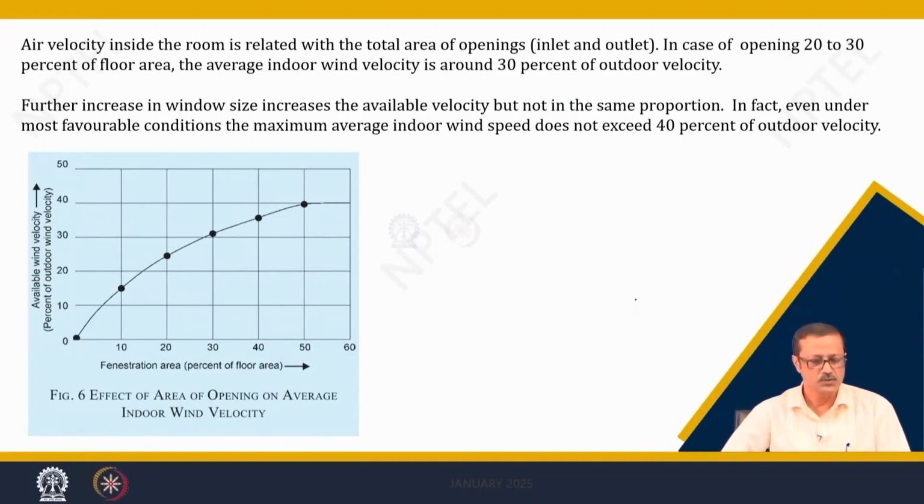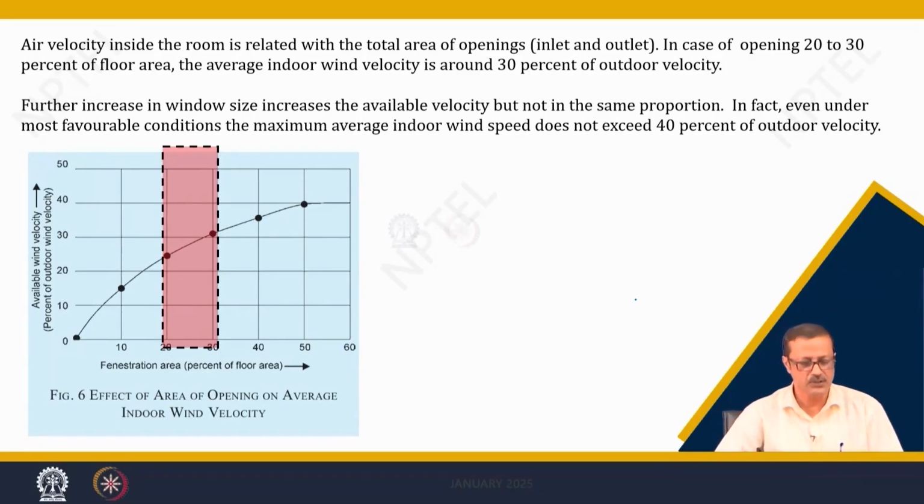41. So, this is an interesting curve. On the x axis it shows the fenestration area in percentage, that is, the percentage of fenestration area based on the floor area. That is a very good measure when we design any kind of building. Tentatively we can keep 20 to 30% of window area with respect to the floor area.